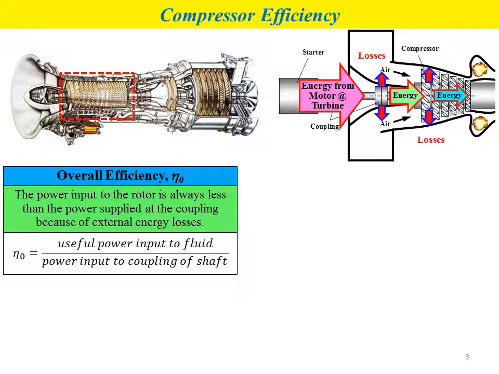Now the equation for overall efficiency for the compressor: mu 0 or mu naught equals useful power input to fluid divided by power input to the coupling of shaft, where the power input to the coupling of the shaft refers to the amount of energy supplied by the electric motor or by the starter.